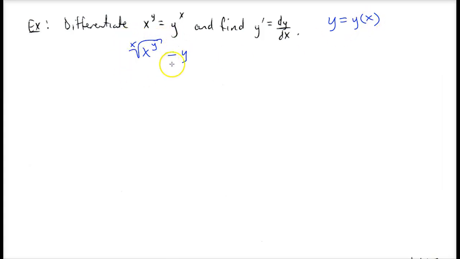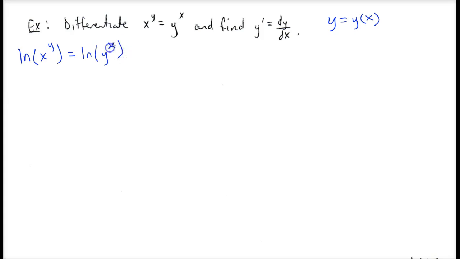And again, we have no specific rules for taking the derivative of something like this. If you wanted to write that in fractional exponent form, we have no rules for telling us how to take the derivative of a variable raised to the quotient of two other variables. So that's why we're going to employ logarithmic differentiation here. To make this easy, we're going to take the natural log of both sides.